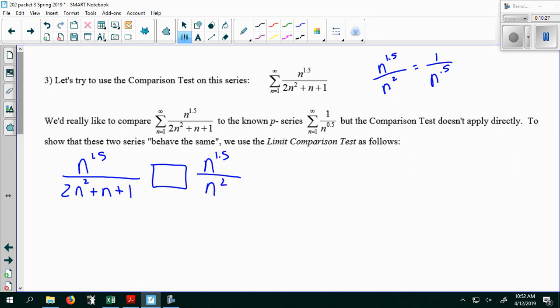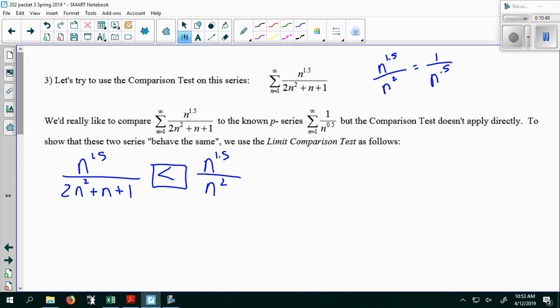And I wrote it in this format because now the numerators are the same, and I can just compare the denominators. So 2n squared plus n plus 1 is larger than n squared, right? You're doubling it, you're adding some more. So this denominator is larger, which means the fraction is smaller.